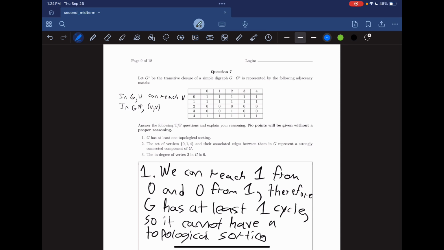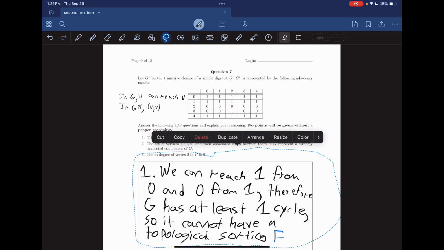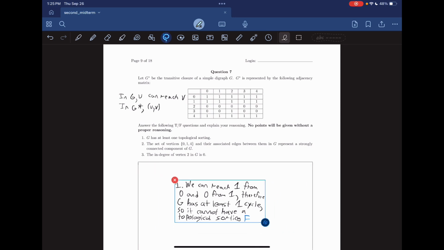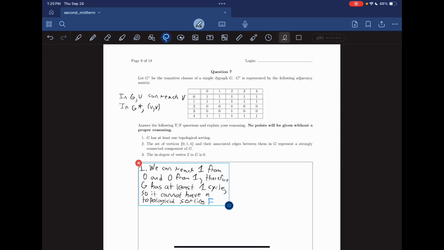Therefore, the answer to this first one is false. Because we've found a cycle that exists within G, there is no way that it can have a topological sorting. We know that it can't even have that at least one.